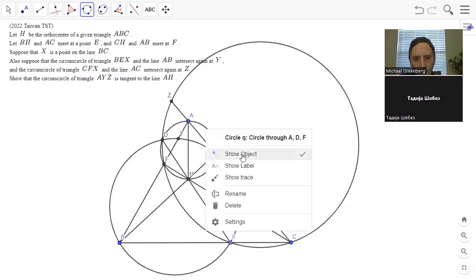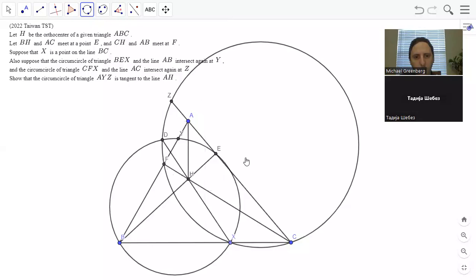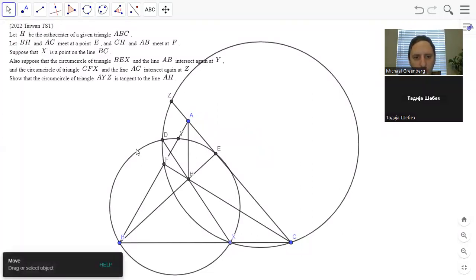So we want to show it swaps. So we first draw these two, and then we show that that inversion would swap X and B, because it swaps B and E. It swaps C and F. So we want to see where it would take those circles.